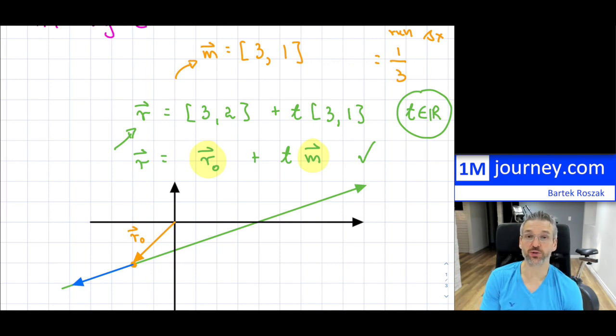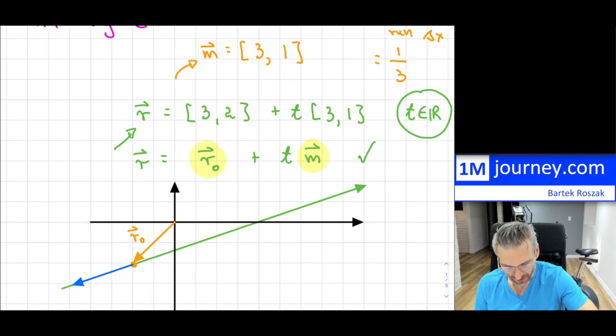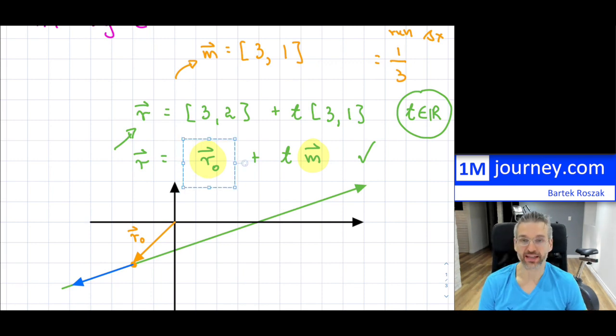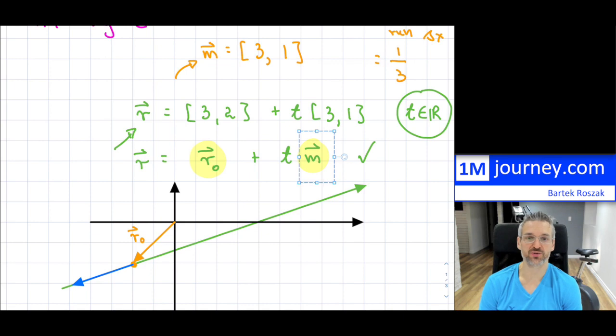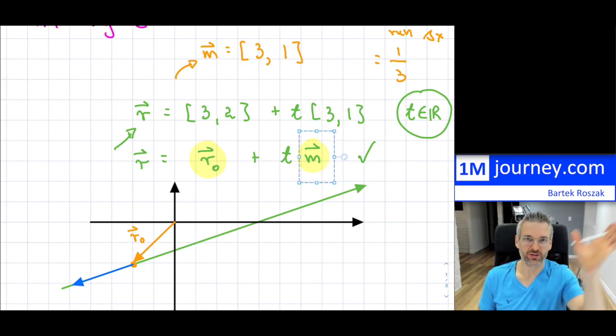So it's not going to be unique, by the way, because this vector can be any arbitrary vector which just touches the line. And then this also can be not unique as well, because it's going to be either moving to the right or moving to the left, up or down, depending on what the slope is.